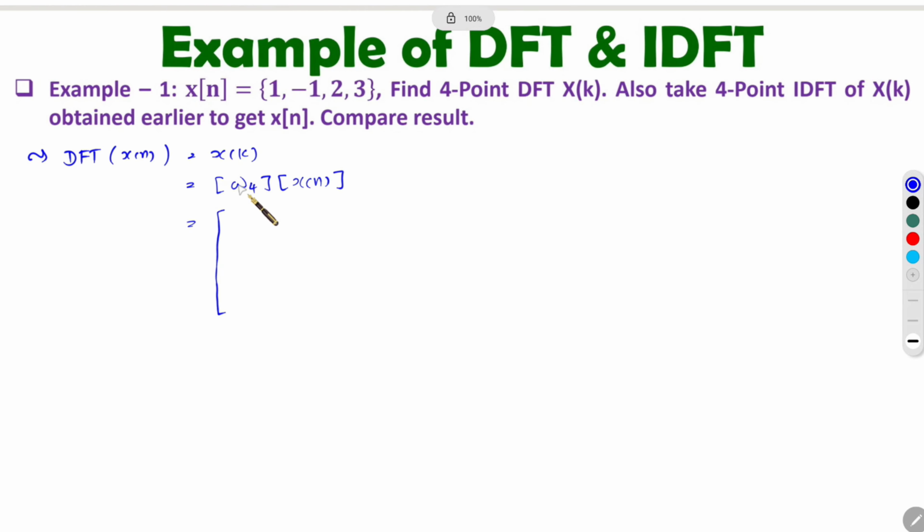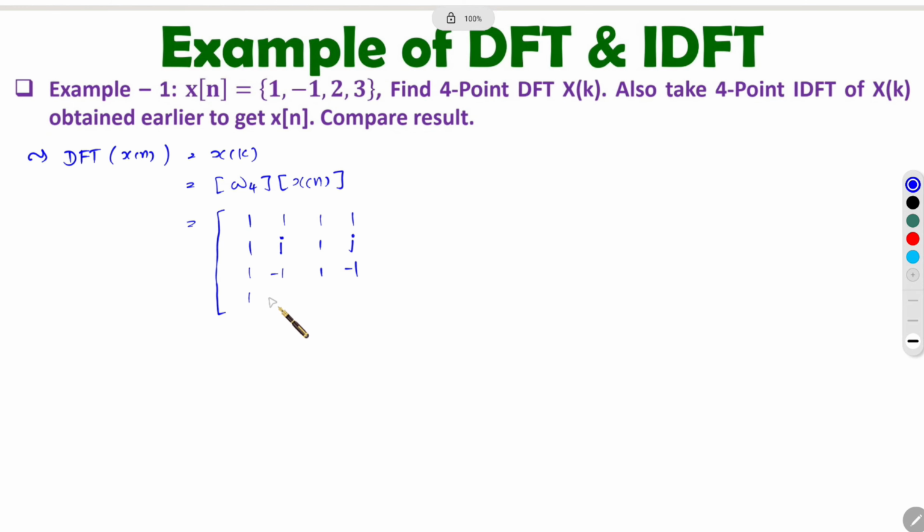To write W4, first of all, you should write 1, 1, 1, 1 four times horizontally and 1, 1, 1, 1 four times vertically. With the second row, we should have 1, -j, -1, j. With the third row, we should have 1, -1, 1, -1.